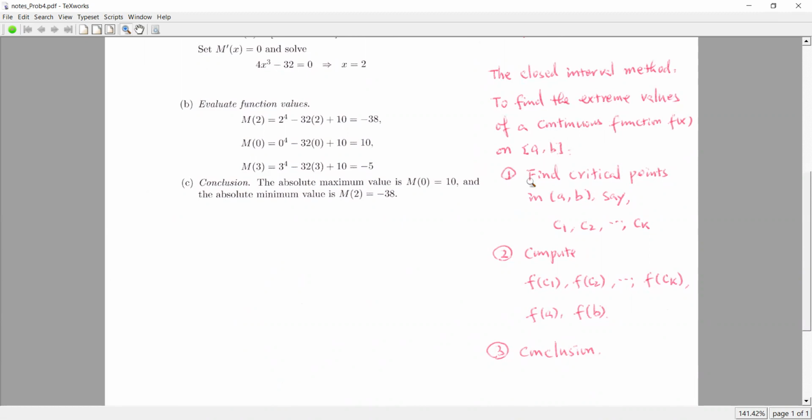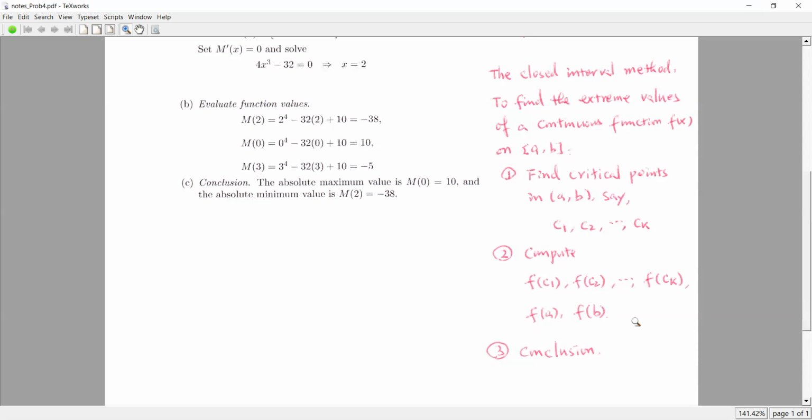Step 1, find all the critical points between a and b, or inside this open interval. Suppose we have k critical points. Step 2, compute function values at these critical points and also compute function values at the 2 endpoints of this interval. Step 3, make conclusion.